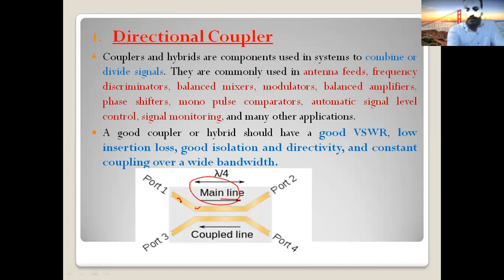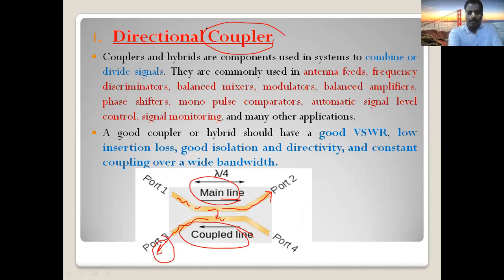So a signal transmitted here will go directly to port 2, the direct port. But there is another transmission line here, which is called the coupled line. If you apply a signal here, small power will go to this line. So a small part of the signal comes to port number 3. We call it the coupled port. Signal transfers from one line to another line by coupling. That's why this device is called a coupler.